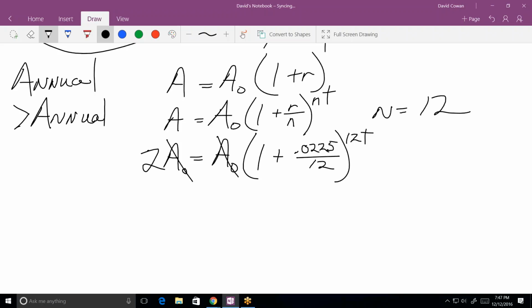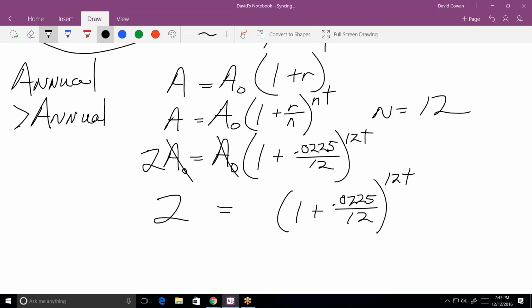If they're saying how long does it take to double, then all I have to do is solve this equation. So what's the first step in solving this equation, now that I've divided both sides by A sub 0? Solve what is inside the parentheses. I'm just going to leave it written like that because you're going to end up doing this on your calculator to get this number.